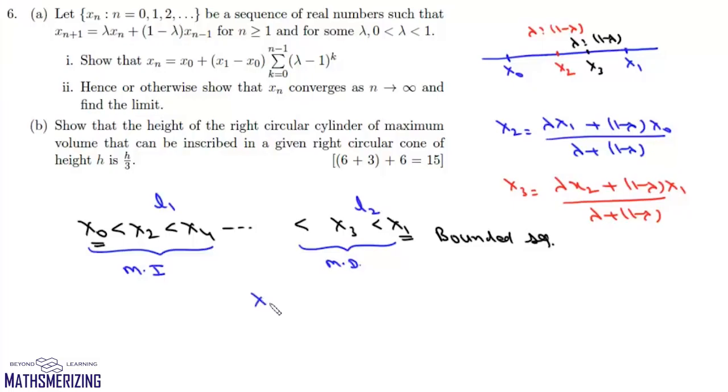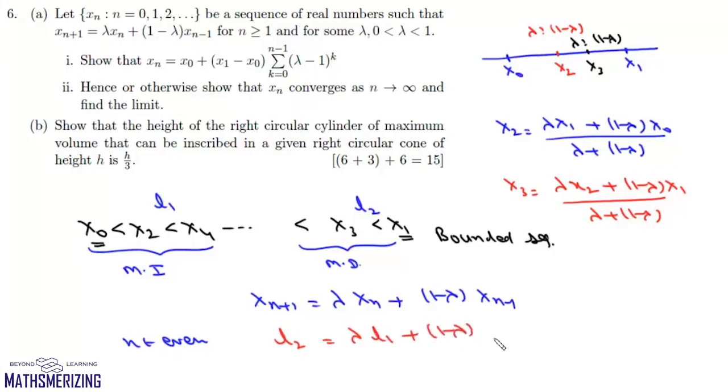Now we write x(n plus 1) equals lambda xn plus 1 minus lambda x(n minus 1), and suppose n is even, then in that case we can write L2 equals lambda L1 plus 1 minus lambda L2, and if n is odd, we can write L1 equals lambda L2 plus 1 minus lambda L1.